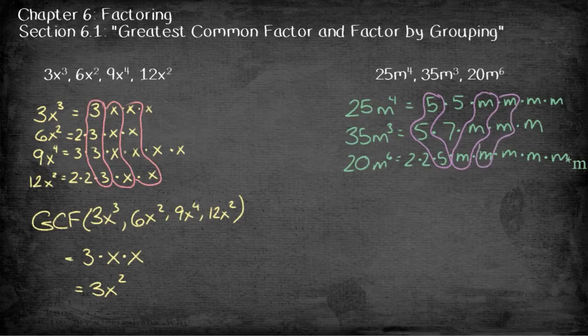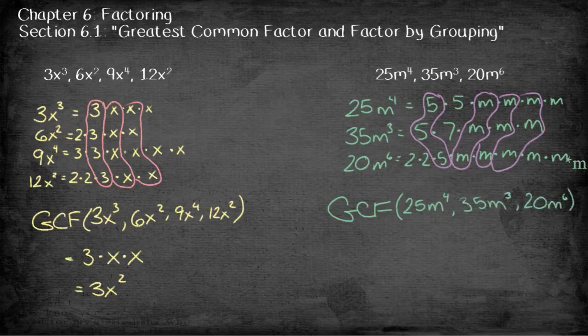And actually, I can even do this one more time. So the GCF is 5 times m times m times m, or 5m cubed.